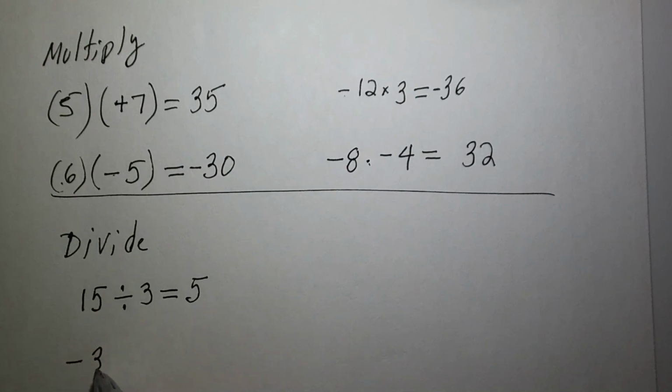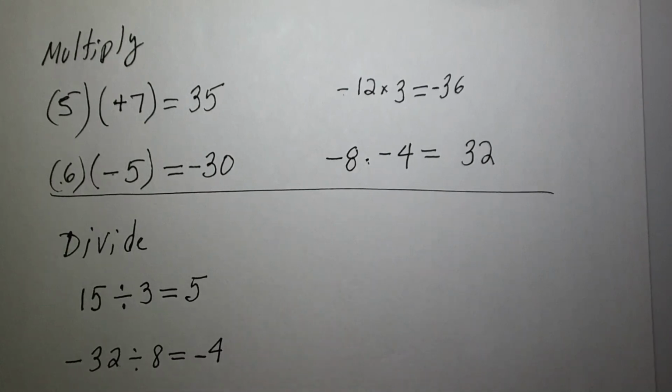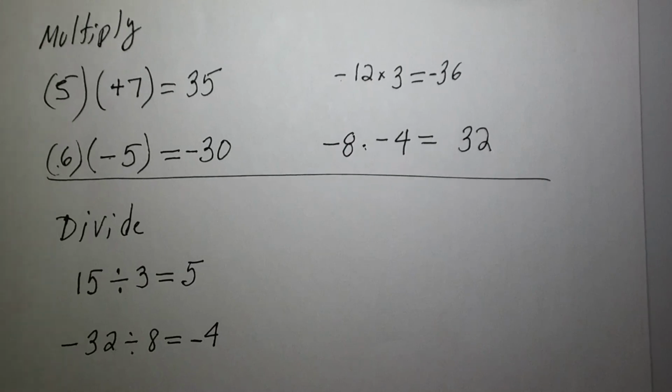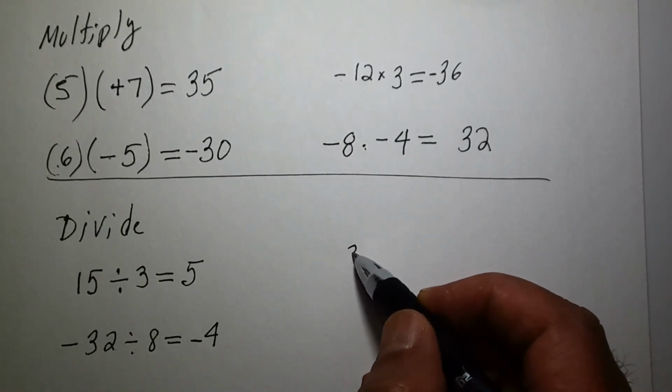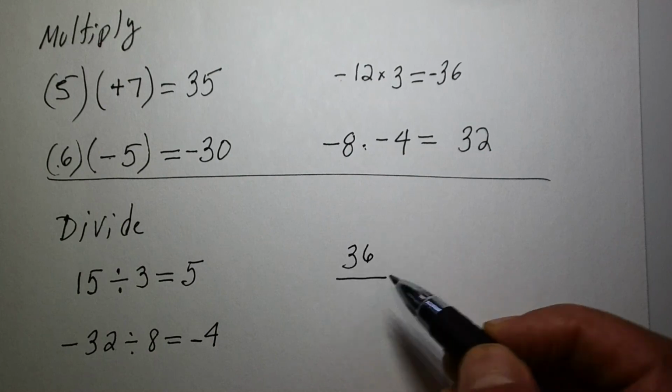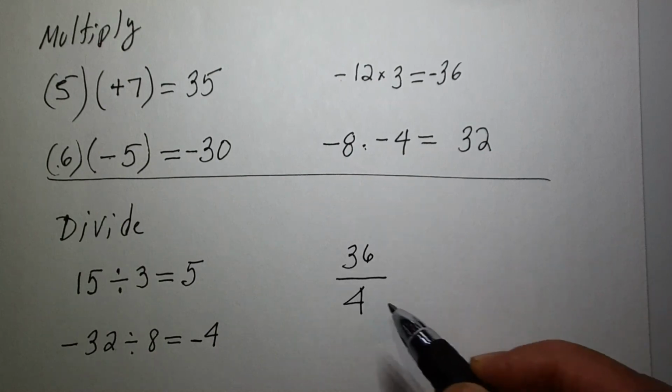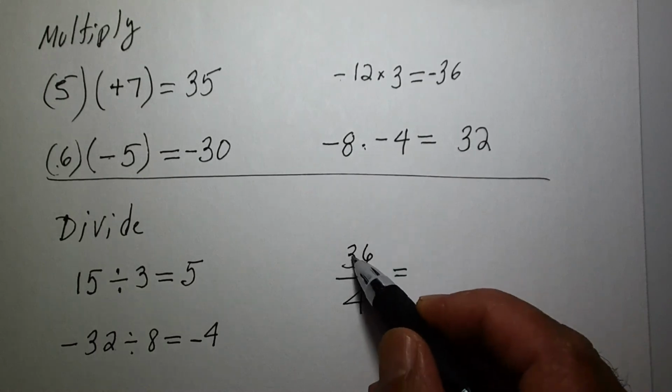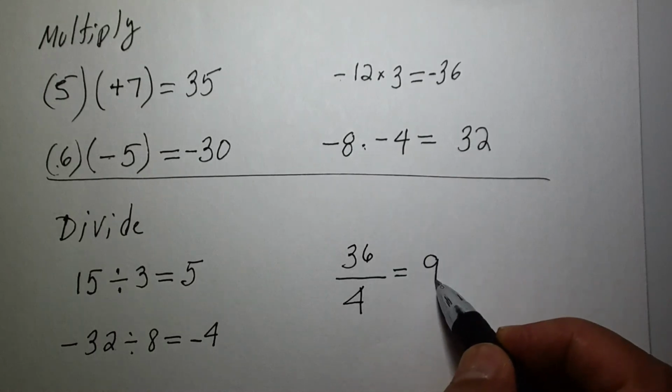Negative 32 divided by 8, the result is 4, but negative divided by positive 8, different sign, the result is negative. 36 divided by 4, it is positive divided by positive, positive 9.